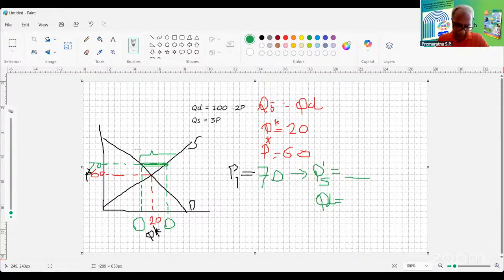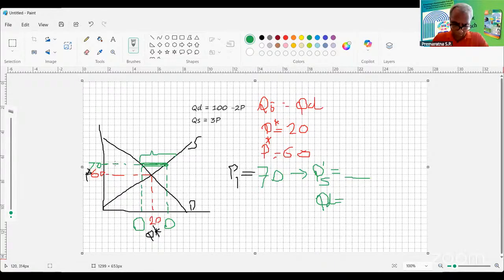More supply, because like I explained last time, even the inefficient producers also come to the market because the price is high. They supply. It creates an excess supply in the market.